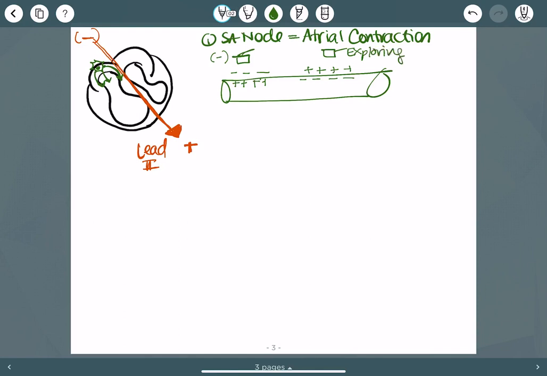So if you compare the difference between these two, we have a positive deflection from the line, which is what we see every time there is an atrial contraction. You get a positive deflection off of the isoelectric line. We call that little positive bump, that recording of the electrical activity of the atria, the P wave.